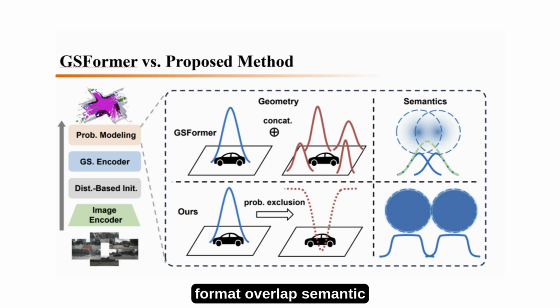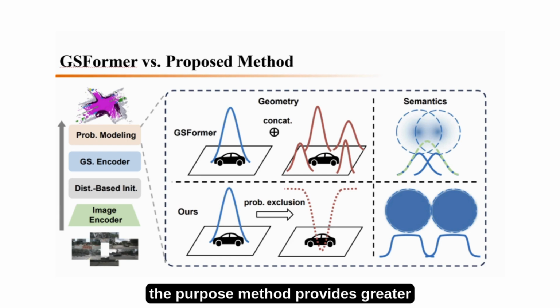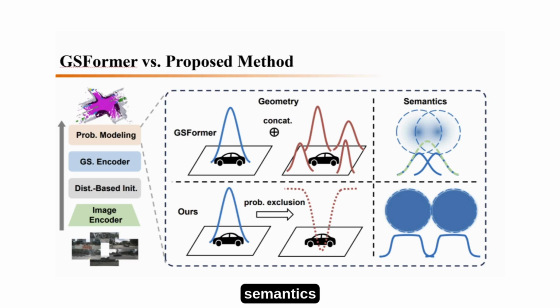In semantics, GaussianFormer's overlapping semantic distributions make it hard to distinguish objects. In the proposed method, it creates a clear non-overlapping distribution, enabling better object differentiation. Overall, the proposed method provides greater precision in both geometry and semantics.